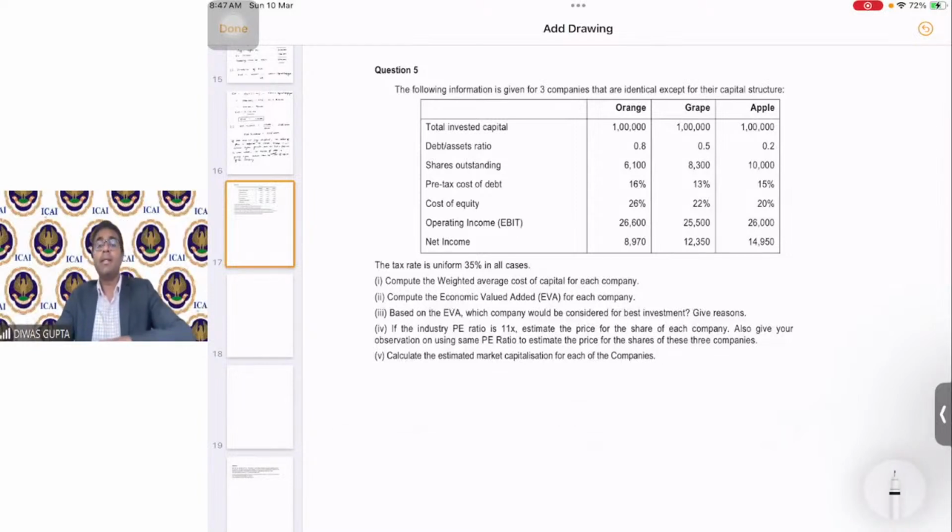These are the 3 companies which are very much identical, but their capital structure is a bit different. How? Let's see. Their invested capital is 1 lakh rupees each. The debt to assets ratio is somewhat different. So that means they have a different debt composition. Since they have a different debt composition, their capital structure is also different.